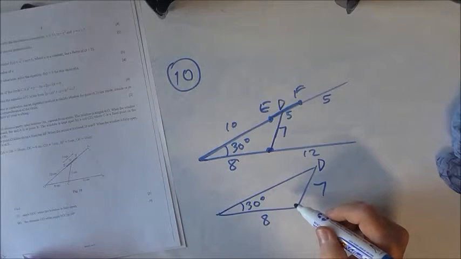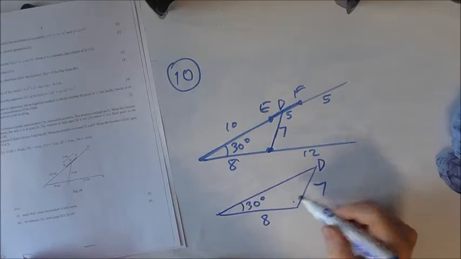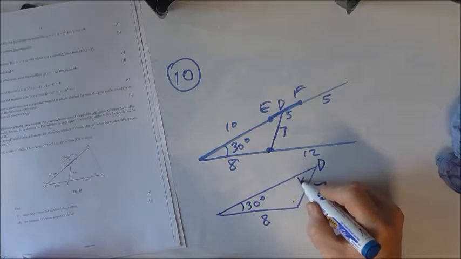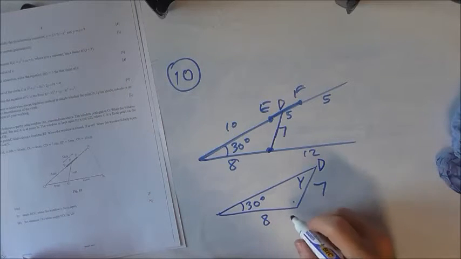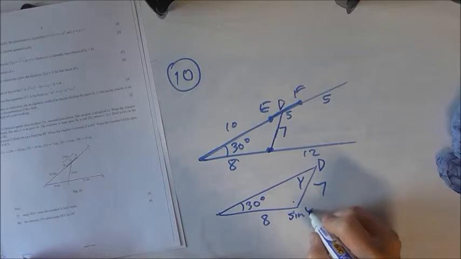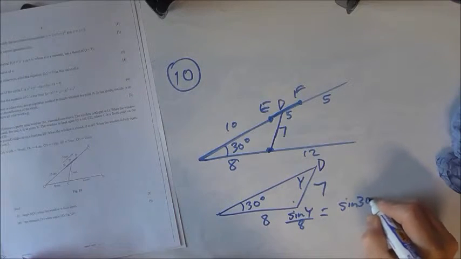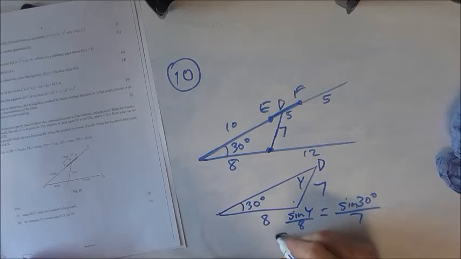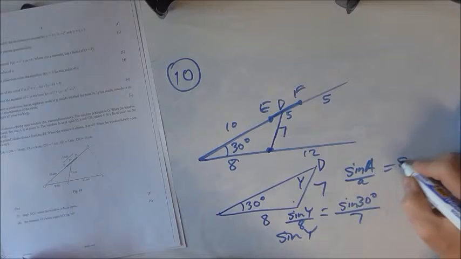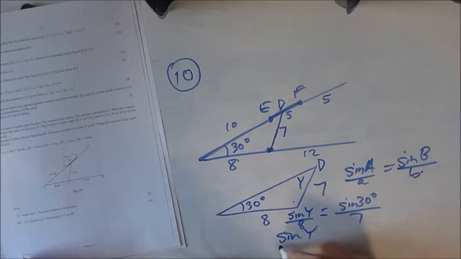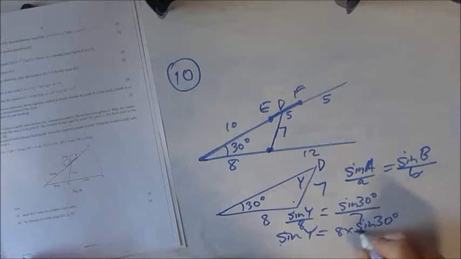Not sure how I'm going to work out OD when I don't have this. So why don't I work out this first? Okay, so sine y over 8 equals sine 30 over 7. So sine y, that's the sine rule I've used there, sine A over A equals sine B over B. So sine y equals 8 times sine 30 over 7.